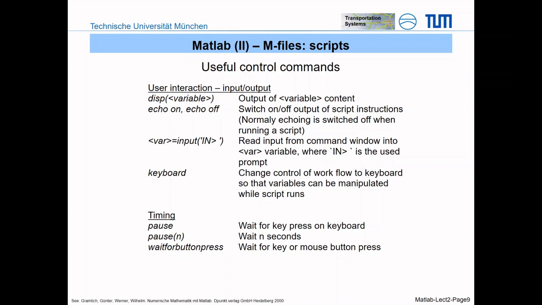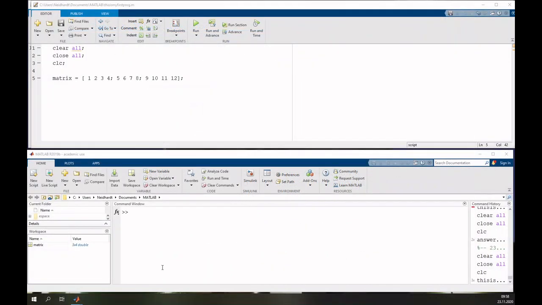According to display, I directly jump to the third command. The third command is the opposite of display. You can enter something. So for example, you can request input from your user, so from the person sitting in front of your program, and we directly do this now. What we do is we want to change this matrix which we created, and therefore we want to ask for a new number or value for a dedicated position.